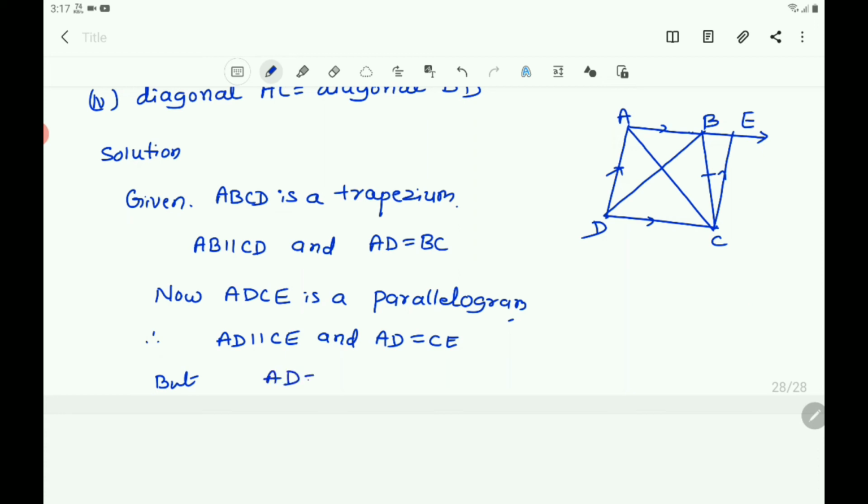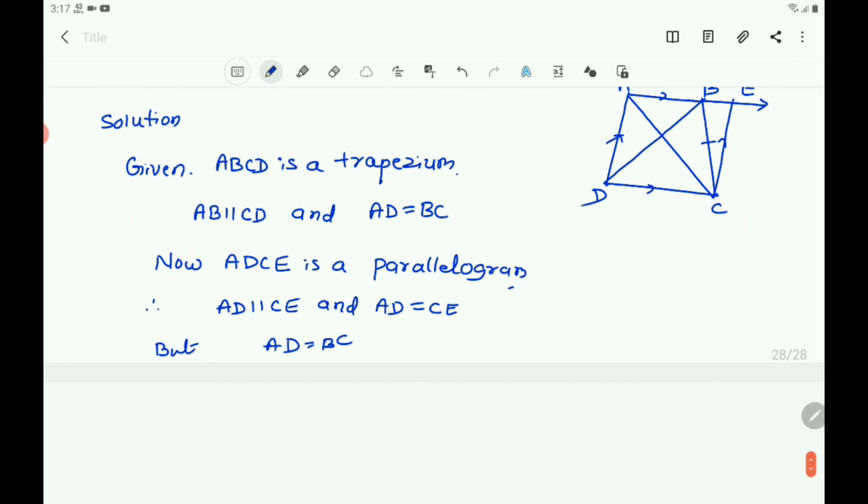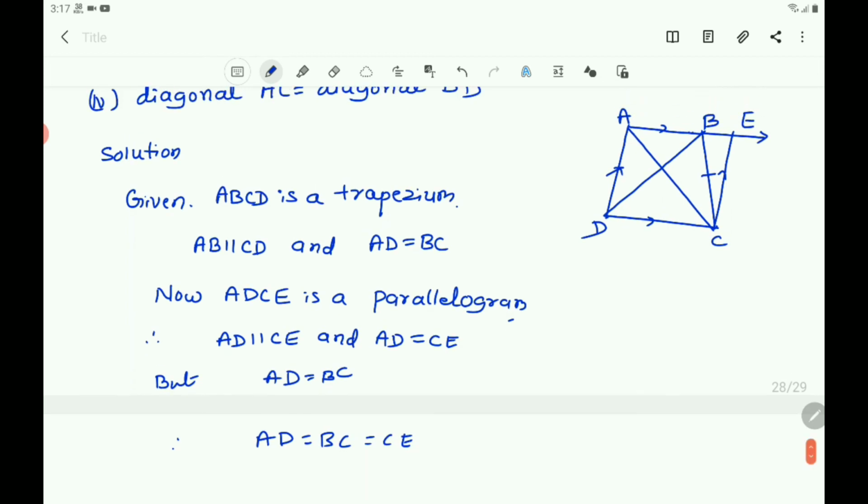Therefore, as BC equals AD and AD equals CE, all these three are equal. AD, BC and CE are equal. So you got, therefore, AD equals BC equals CE.